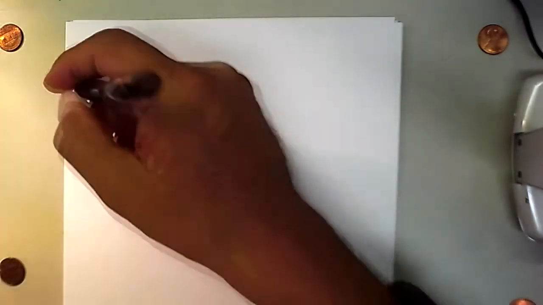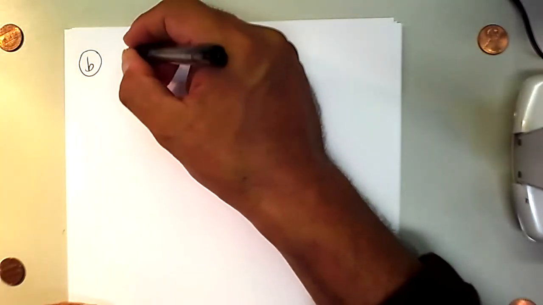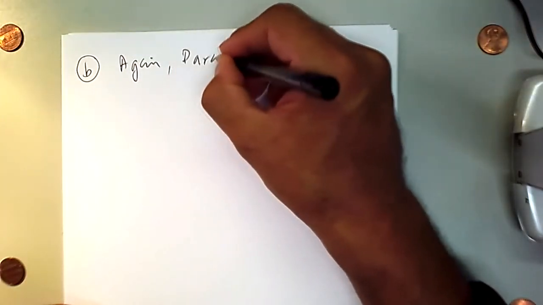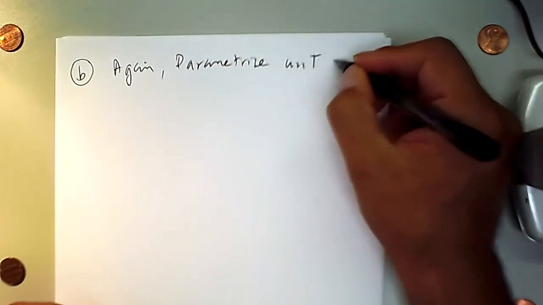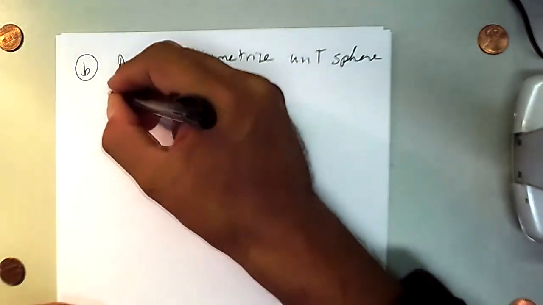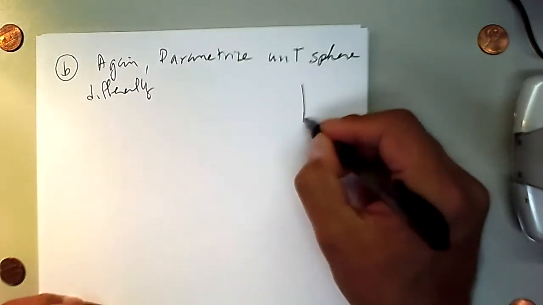Let's do B. Okay, so again, we're going to parameterize the unit sphere differently. This is what I'm going to do.